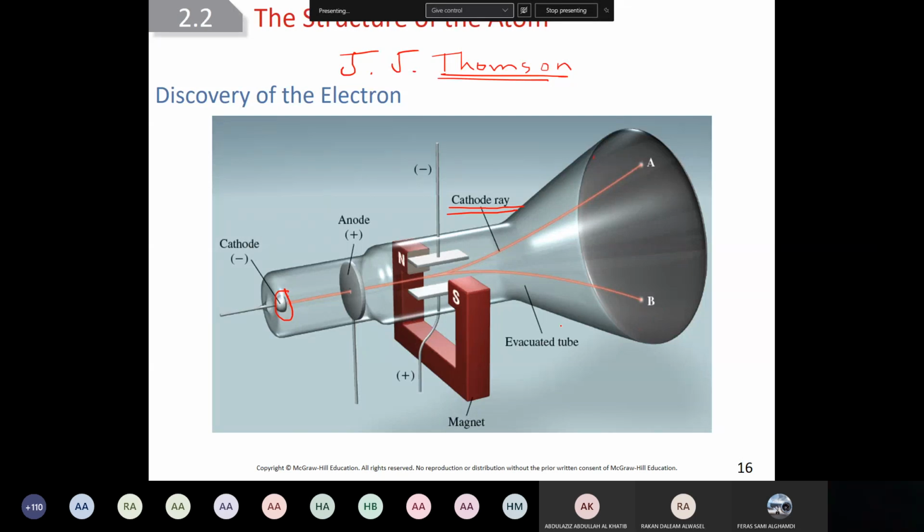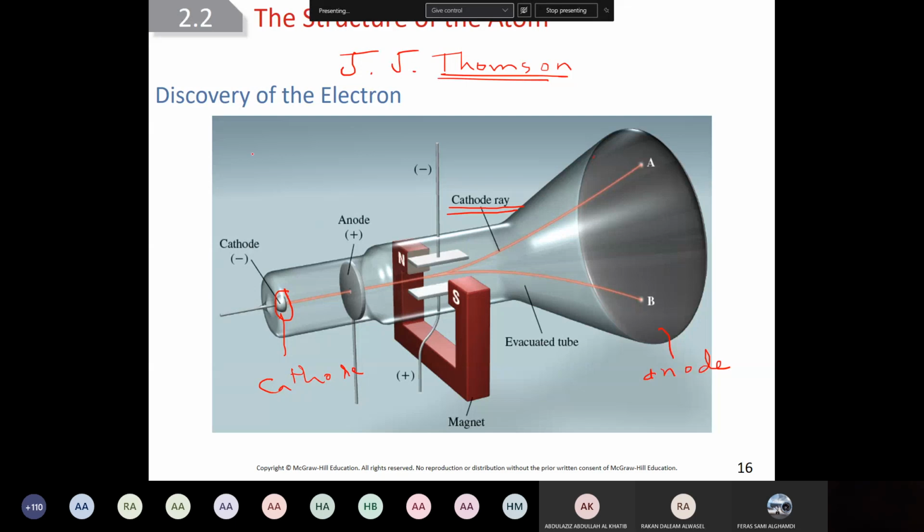So this is the cathode and this is the anode. And he had this tube empty of air. There is no air in it at all. Then he put electricity on this thing, and he found that there's something moving from this side to this side, even though there is no air at all in the tube.